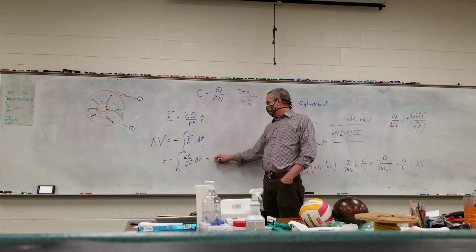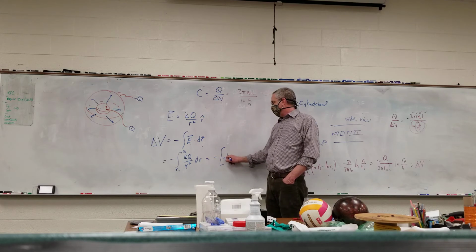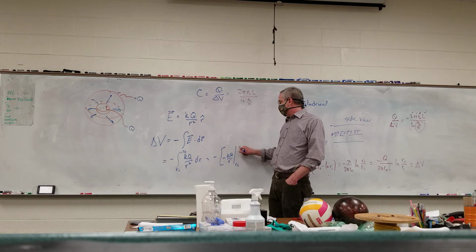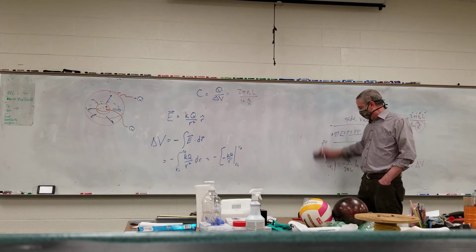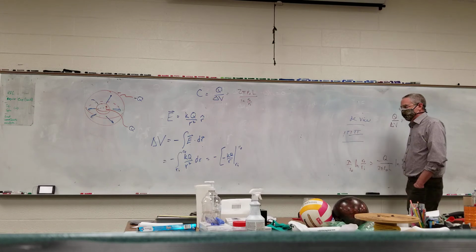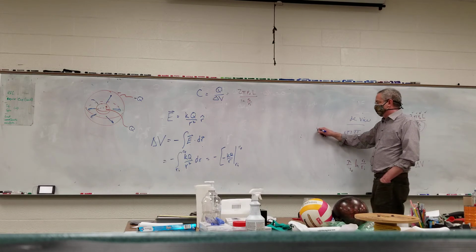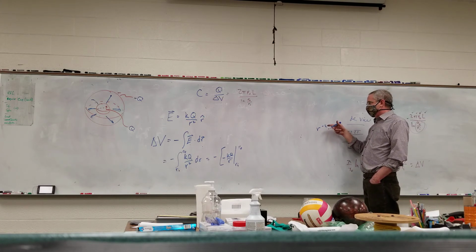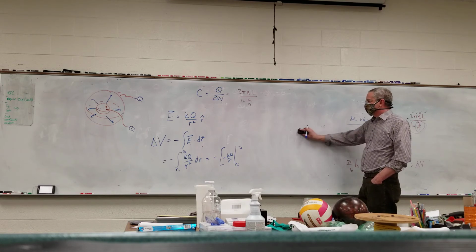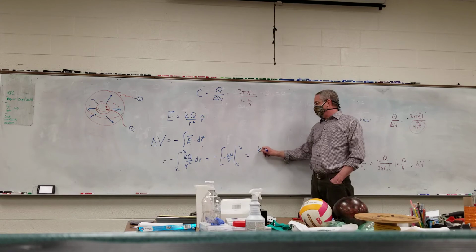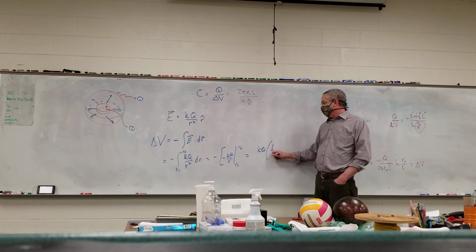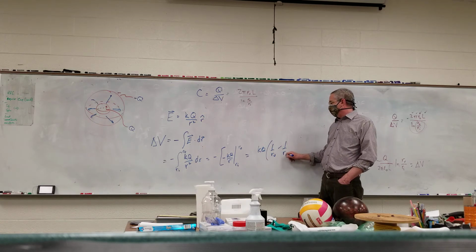So this becomes negative KQ over R from R inner to R outer. So this becomes KQ times 1 over R outer minus 1 over R inner.